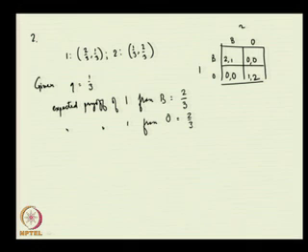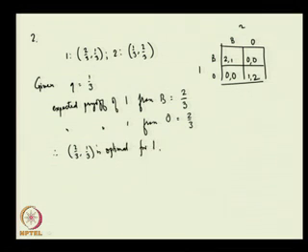So, for player 1, it does not matter what probability he attaches to B or O. Any division between B and O will be optimal. Hence, 2/3, 1/3 is also optimal. Okay. So, this is one part.